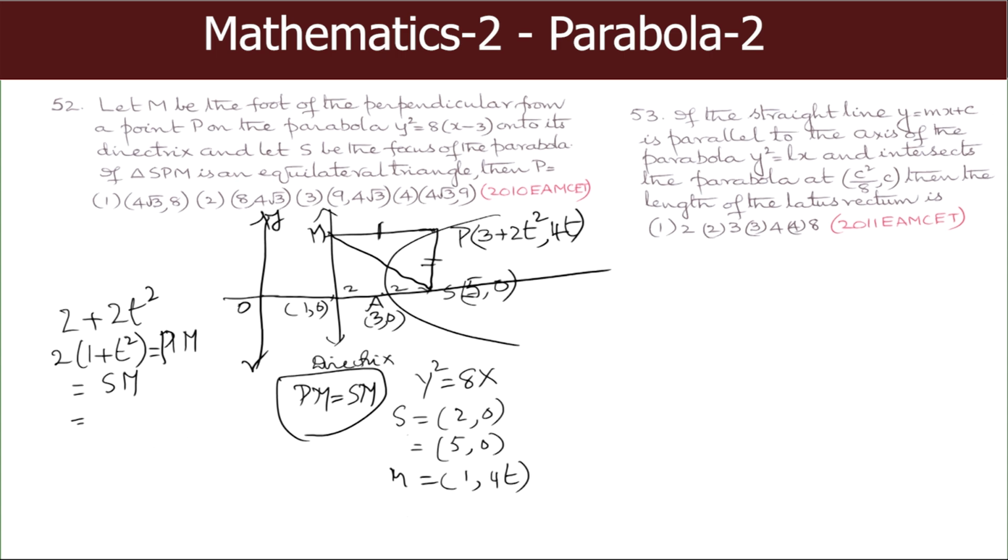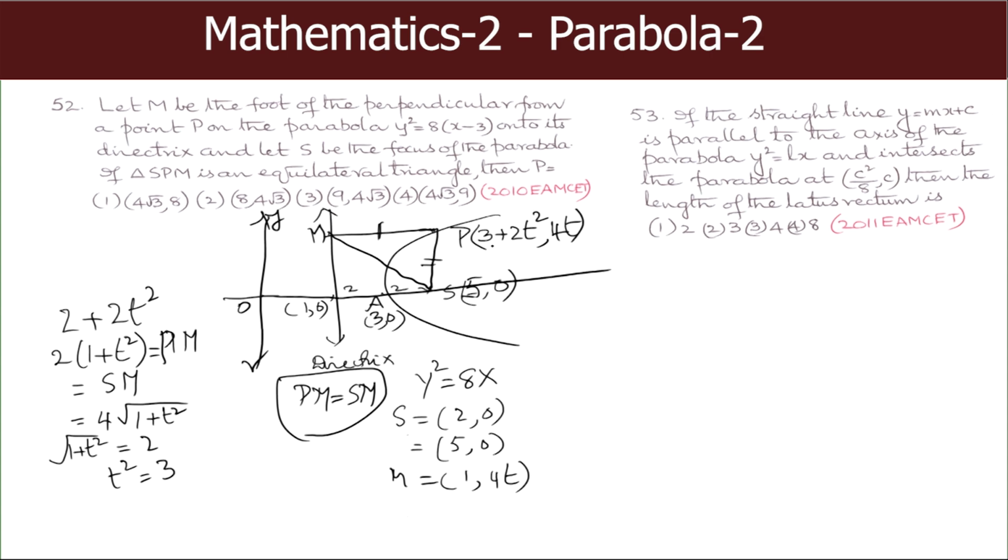What is SM? S is 5, 0. M is 1, 4t. So 16 plus 16t square, so 4 into root of 1 plus t square. So, therefore, 2 into 1 plus t square equal to 4 into root of 1 plus t square. Cancel 2 on both sides. Root of 1 plus t square equal to 2. 1 plus t square is 4, t square equal to 3.